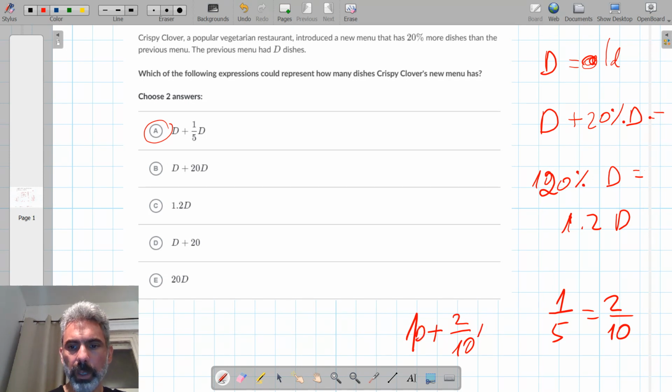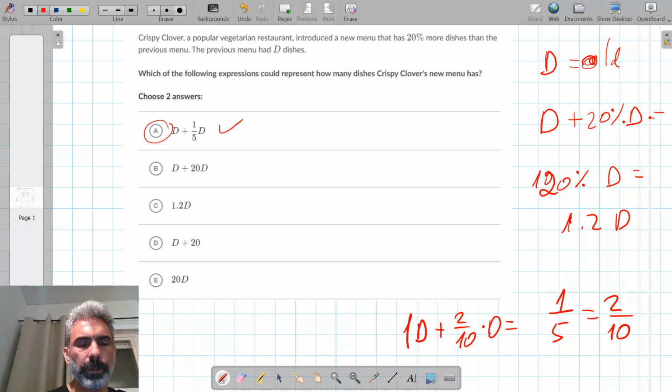So 1D plus 2/10 of D is correct. 1D plus 2/10 times D is the same thing as D plus 1/5.